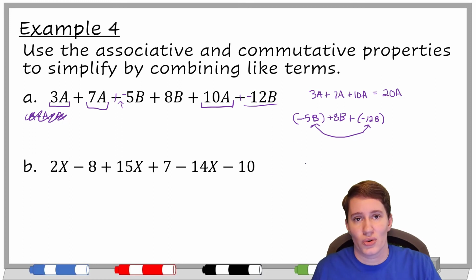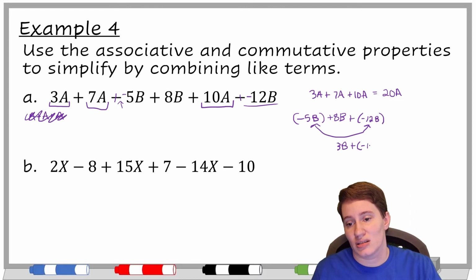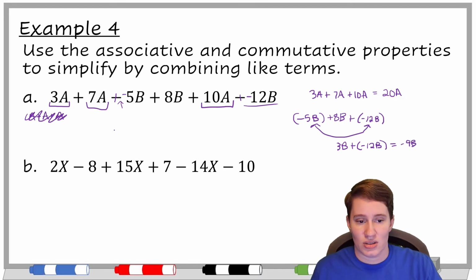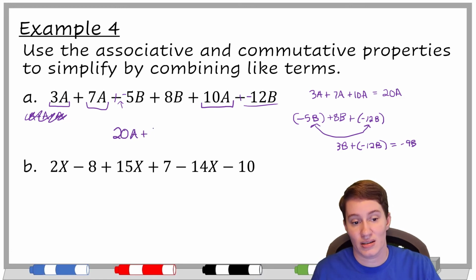We can do it in the order we want to do it. So I can do negative 5b plus 8b and get 3b, and then I can do 3b plus negative 12b, and that gives me negative 9b. So together I have 20a, and I could either write plus negative 9b, or I could write 20a minus 9b.